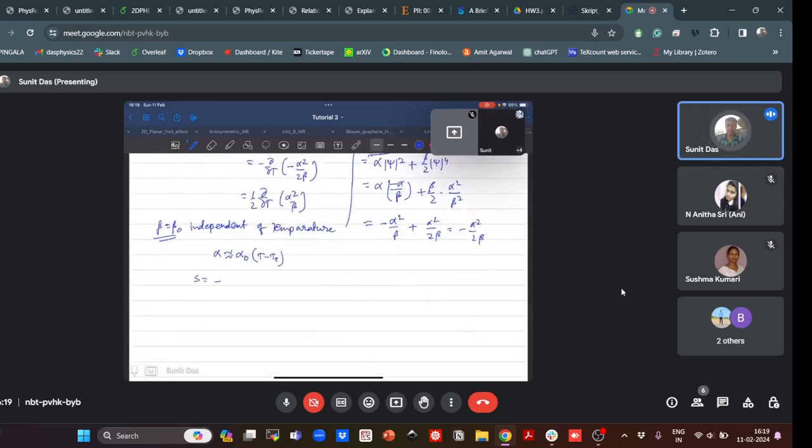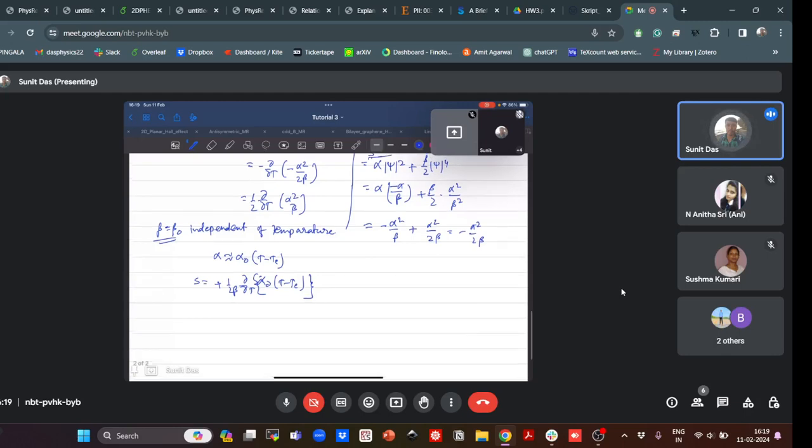So S will be plus half ∂_T of alpha_0 squared (T minus Tc) squared over beta. So alpha_0 squared by 2 beta into 2 (T minus Tc), right?